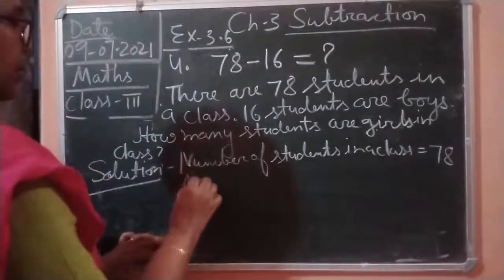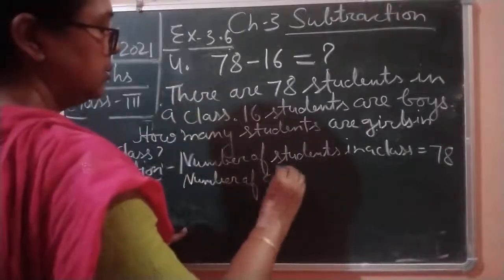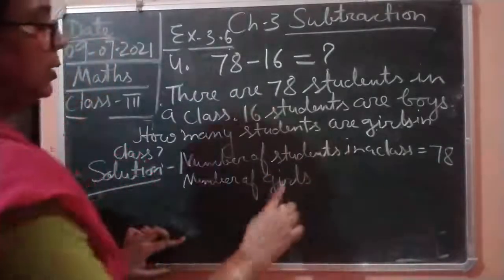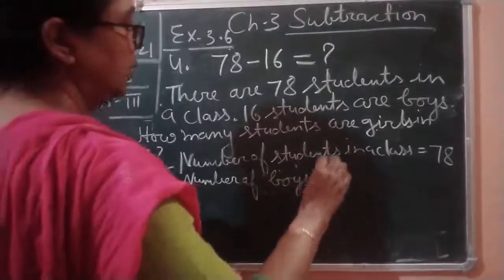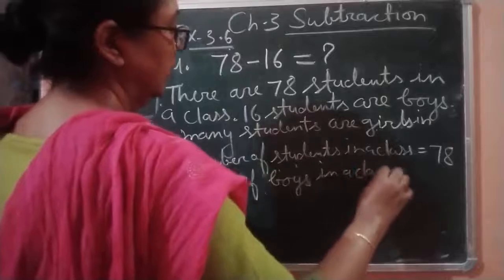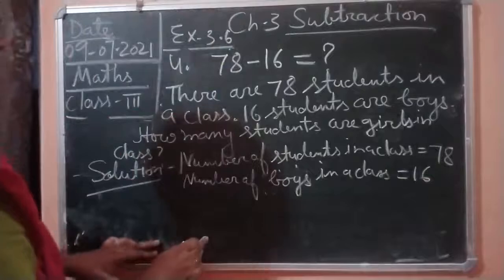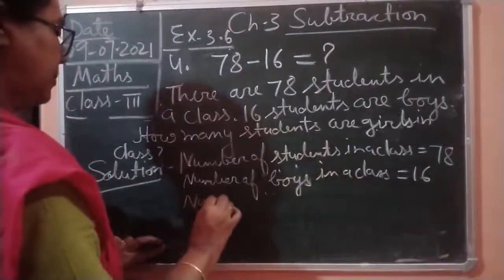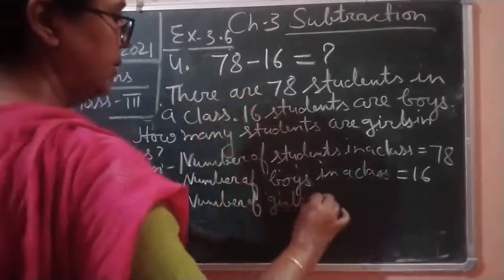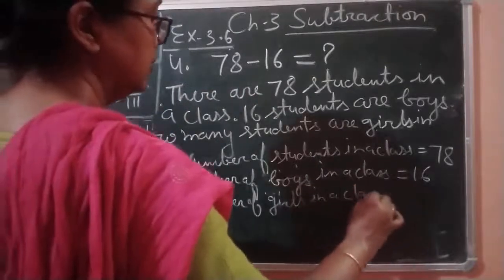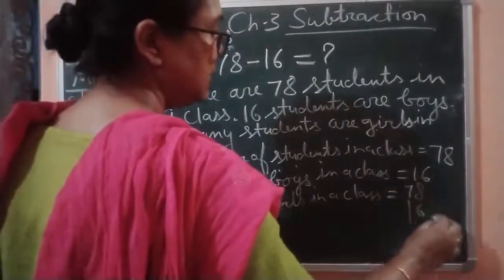Okay, number of girls, number of boys, sorry, number of boys in a class, there are 16. Okay, now number of girls in a class, that is 78 minus 16.